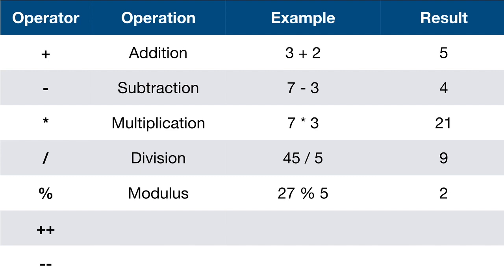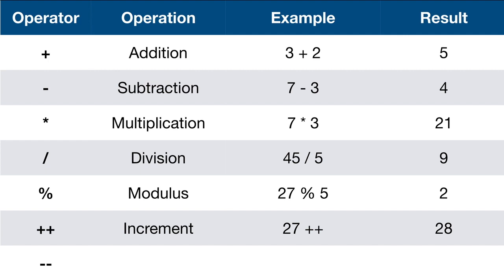So modulus, or mod as we usually call it, is the remainder left over after integer division. So 27 divided by 5 is 5 remainder 2. And that's where the 2 comes from. So that's mod. Now, next up we have these two operators that we see a lot in modern or more recent programming languages.